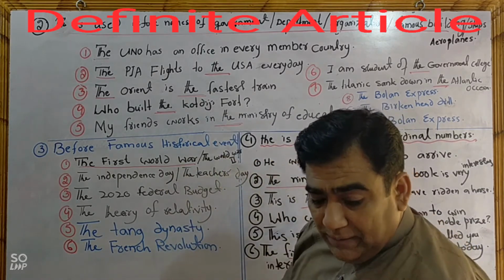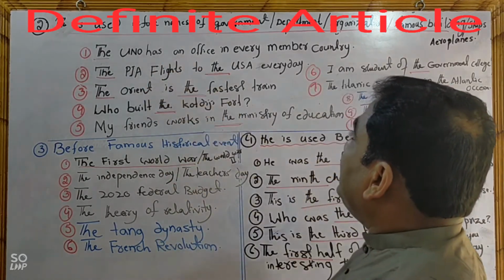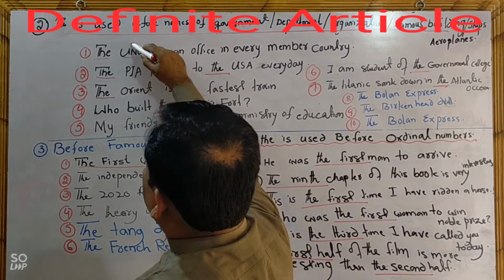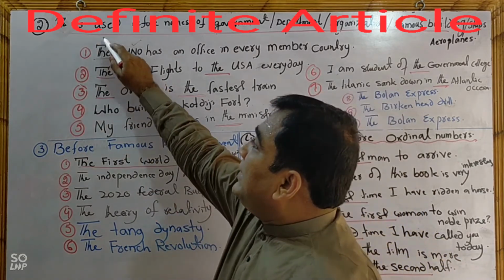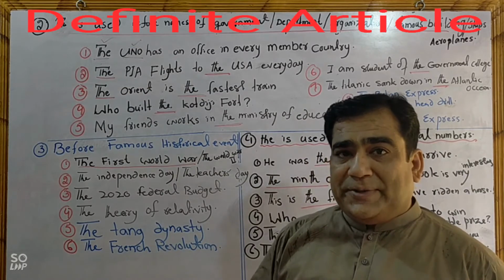For example, the UNO has an office in every member country. United Nations Organization is a great international organization. We put the before that because of organization.